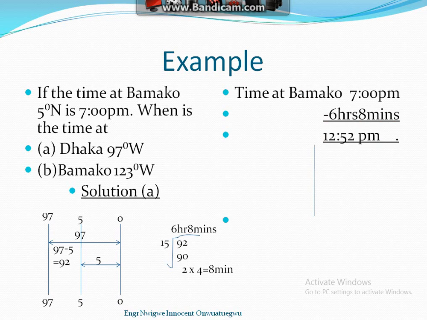We have subtracted 5. So after subtracting 5, we still have 8 minutes to subtract. So if we subtract 8 minutes from 1 hour of 60 minutes, it will remain 12 hours 52 p.m. So the time at Dakar is 12:52 p.m.